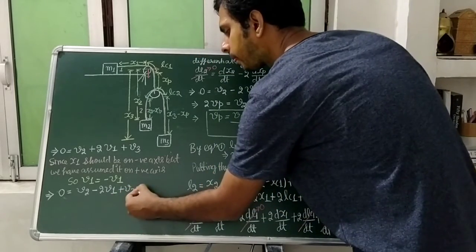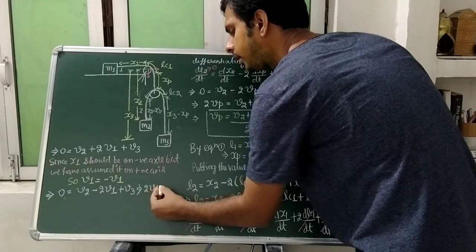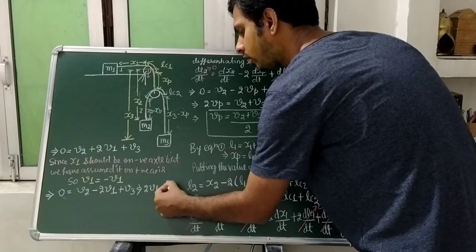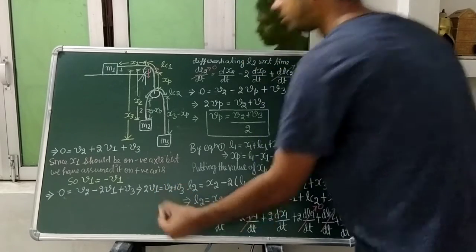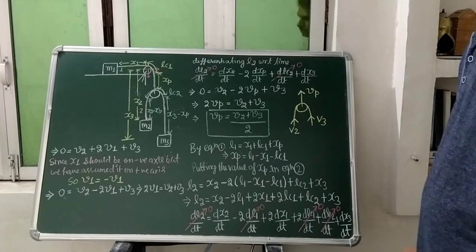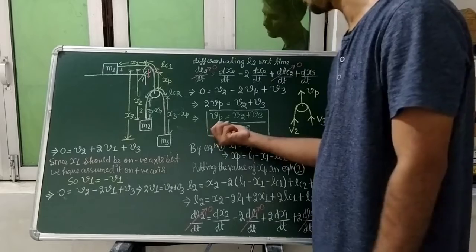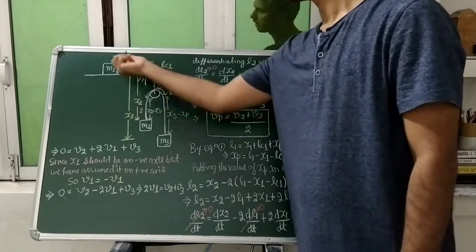Or we can say twice V1 should be equal to V2 plus V3. Don't get confused with V1 and Xp. Xp is different and V1 is different.